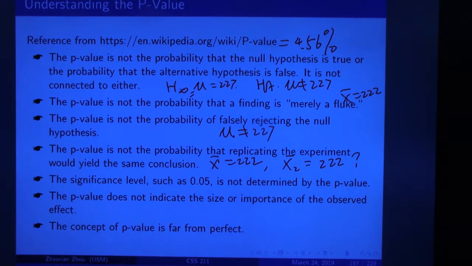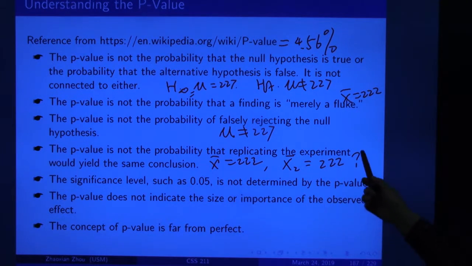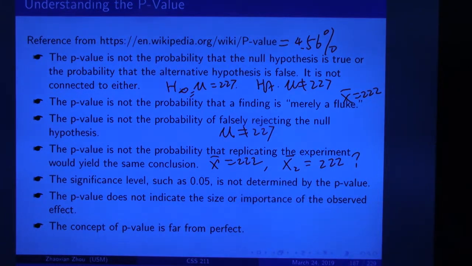Well, that conclusion is not correct. The p-value doesn't mean the probability that you repeat the experiment and get the same result. What is the chance you get the same result? We already know that, right? The chance you get the same result is 0%.